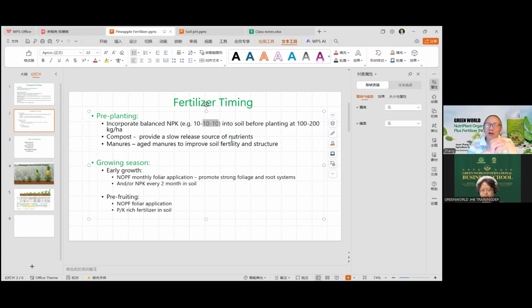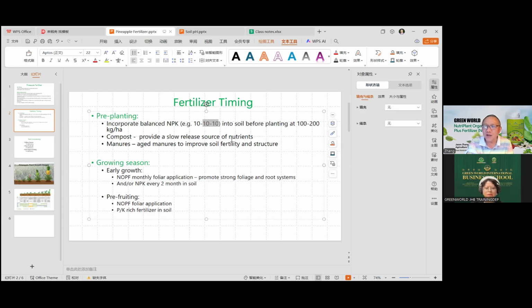You apply a lot of NPF, the leaf is much greener, the stem much better, everything is good. So we can only apply it in the early season, up to the flowering season. After the flower, after the blooming, we can stop. We can apply as normal, monthly.